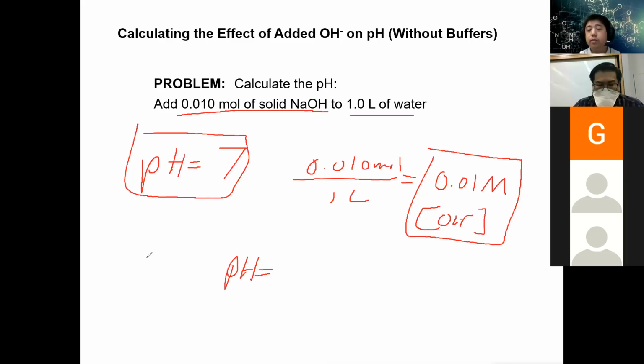Okay. So someone already got an answer. It should be pH of 12. Anyone confused on how we got pH of 12?